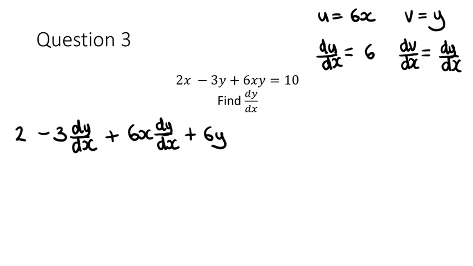Okay, so just to recap what we've done so far, the 2x went to a 2, the minus 3y went to a minus 3 times dy by dx, and differentiating the 6xy went to 6x times dy by dx plus 6y. We're not done there yet though, we need to differentiate our right hand side, and I've got a constant on that right hand side, and when I differentiate a constant, it's just going to go to 0.